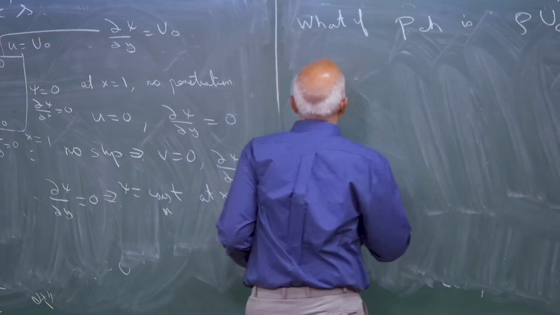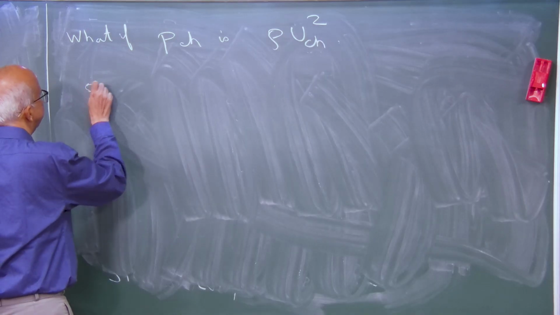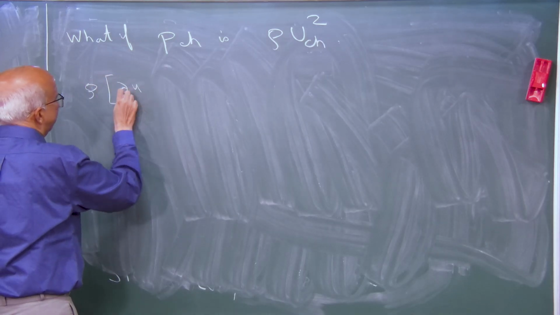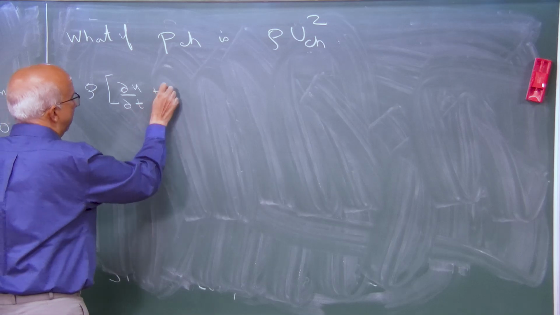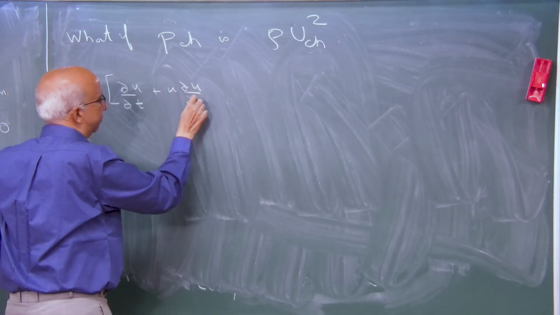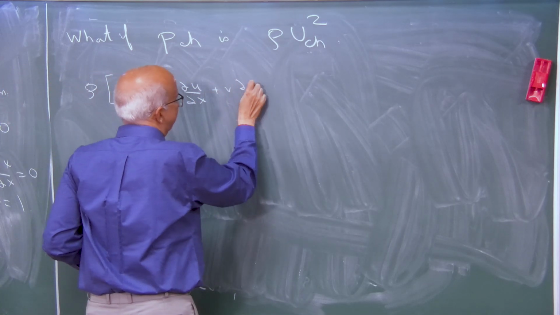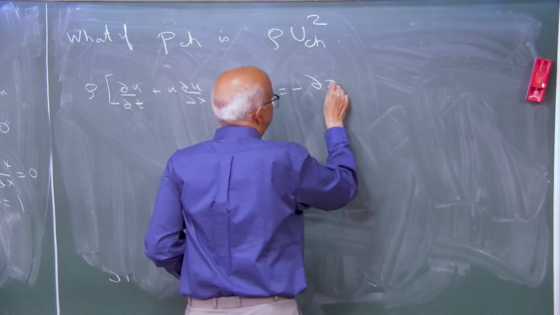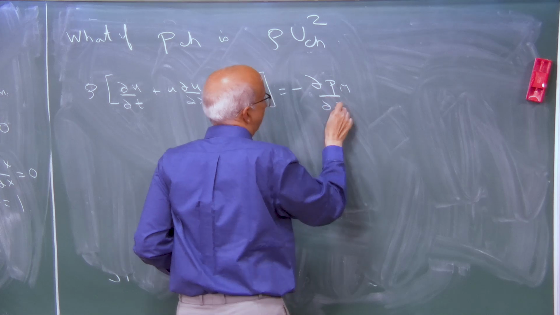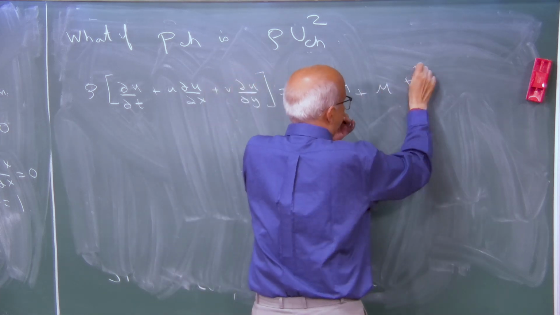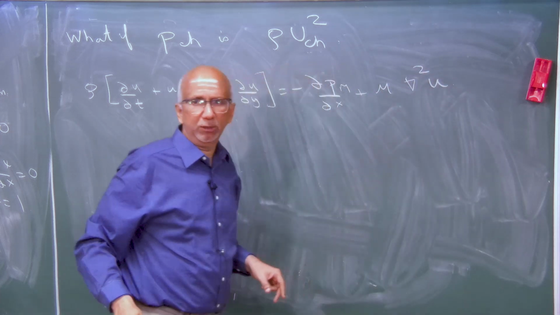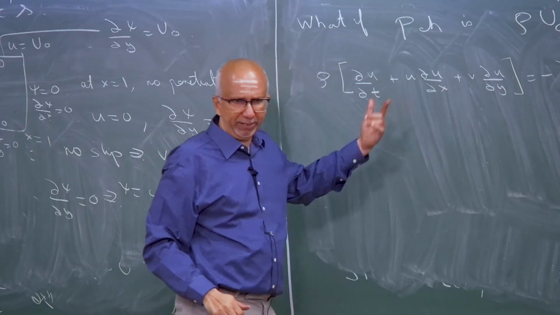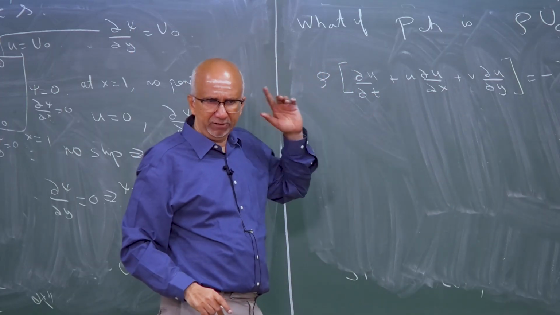So, supposing we do this, I am just going to write this and take a shortcut, because I am not going to explain this in detail now. This is a dimensional equation, and I am going to make it dimensionless, like we did before.